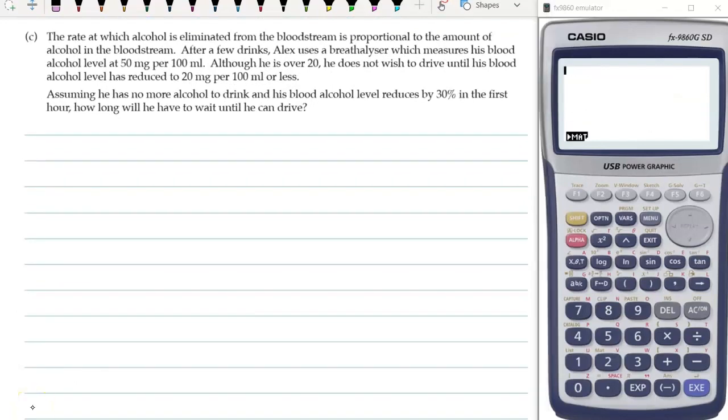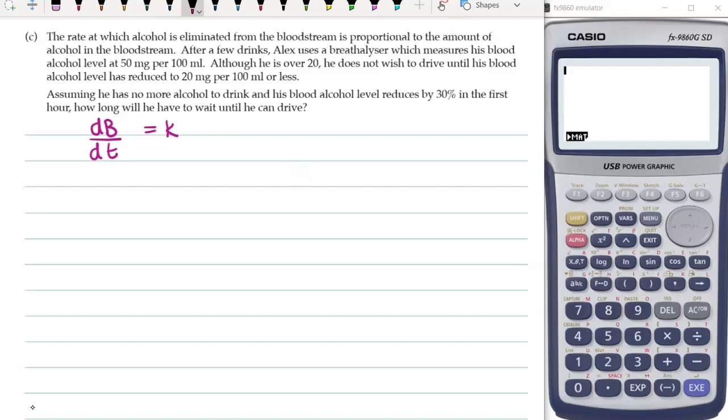For part C, we've got a decay question where we're talking about the blood alcohol level. So I'm going to talk about that as being B. So the rate at which that blood alcohol is changing over time is proportional to the blood alcohol that he has to begin with. So now we separate the variables.